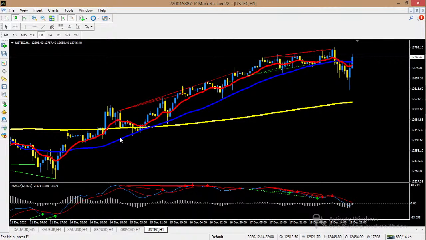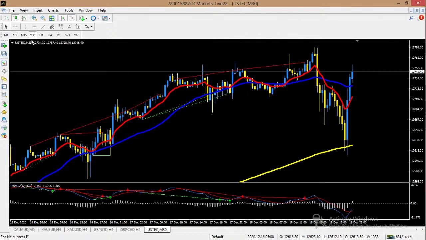Instead of using 1 hour time frame, you can choose to moderate the entries with smaller time frames. So this is what the 34 moving average does, and the 300 linear weighted moving average does.